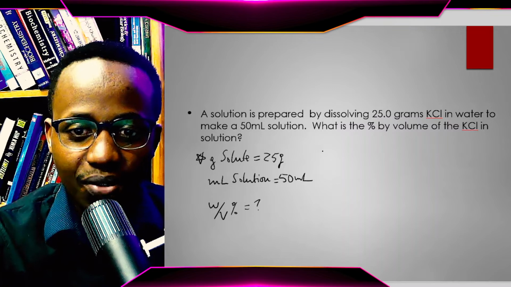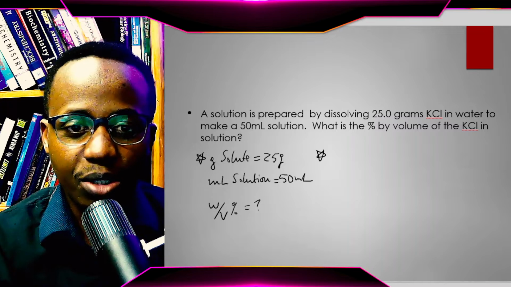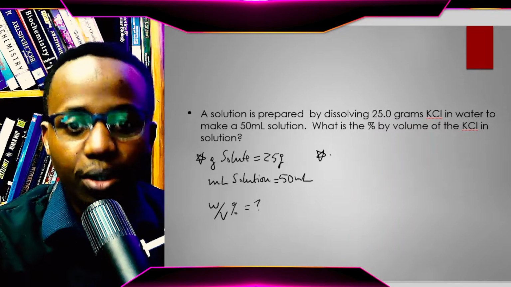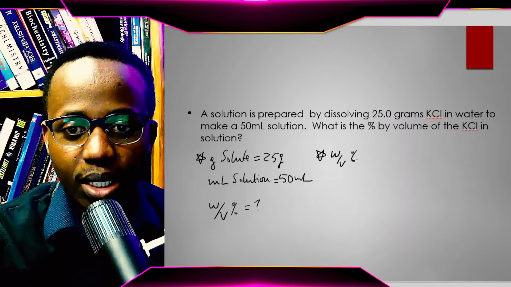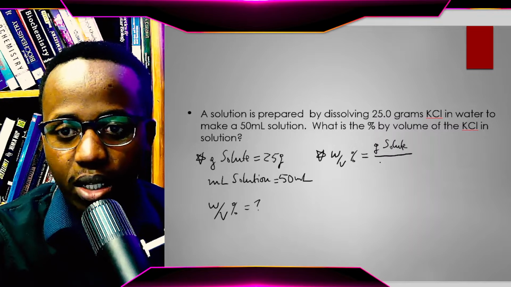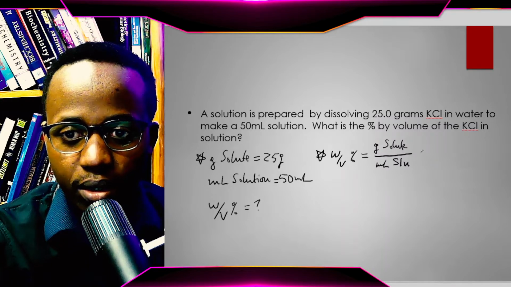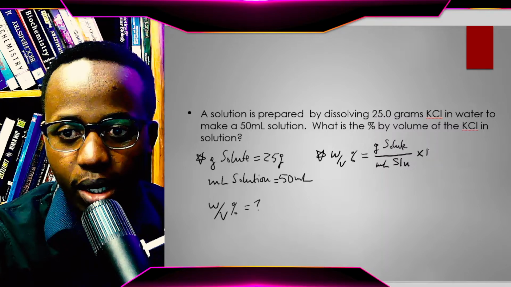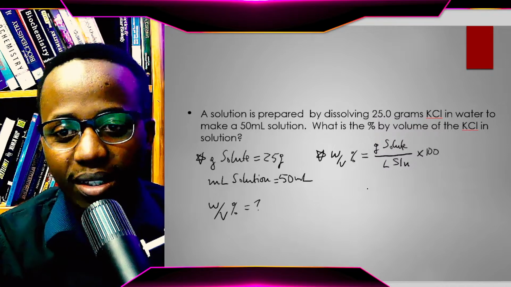And this one is easy. After you wrote down everything that you have, you're going to look at the formula. Which formula do we use? They told us we use weight per volume percent, which is equal to the grams of the solute over the milliliters of the solution times 100, right? That's what you need.